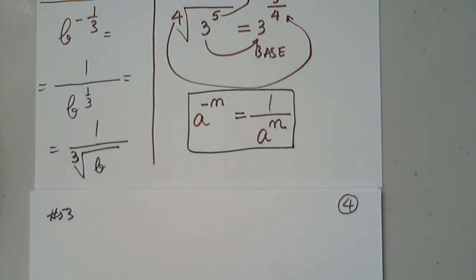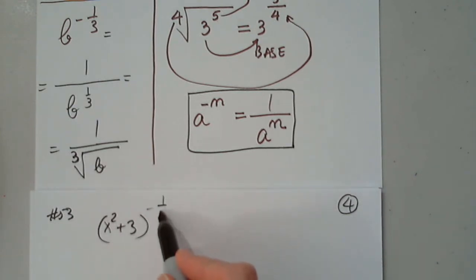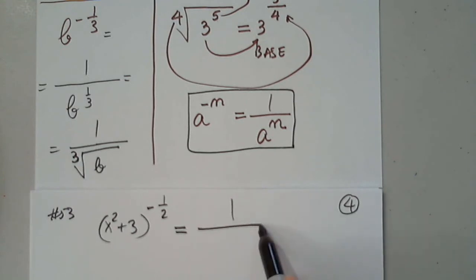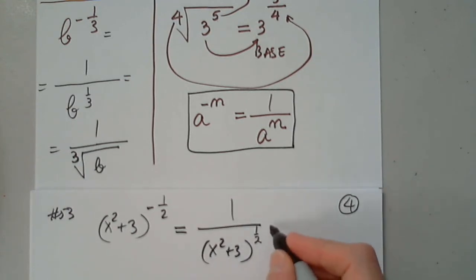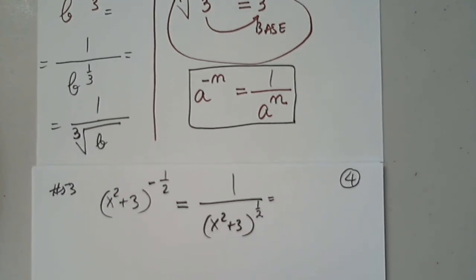Okay, so we have x squared plus 3, and that is to negative 1/2. Perfect. So first we have to take care of the negative exponent. Can anyone tell us what does this equal to? 1 over x squared plus 3. Very good. So it's x squared plus 3 and then power 1/2. Which radical is power 1/2?